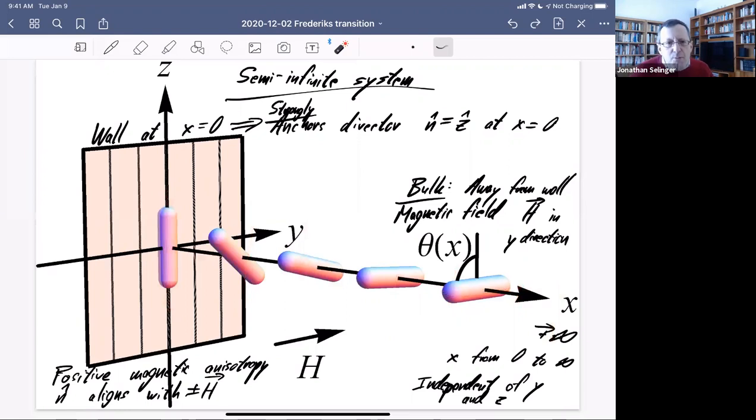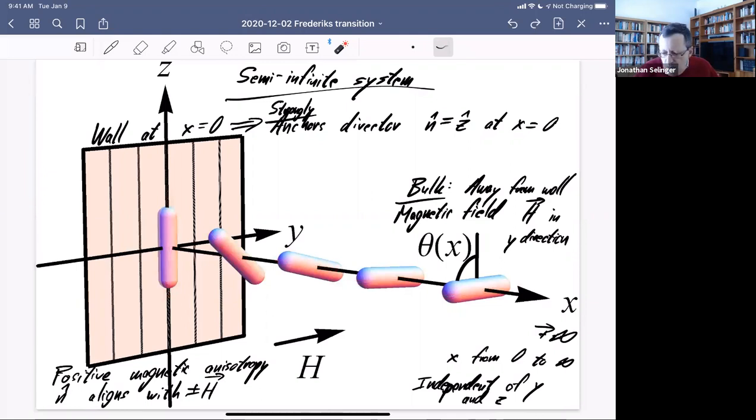Okay? So presumably the director will do something that's kind of a compromise so that it'll point in the Z direction right at the wall, and then it'll twist over like this, and it'll point in the Y direction in the interior. Right?